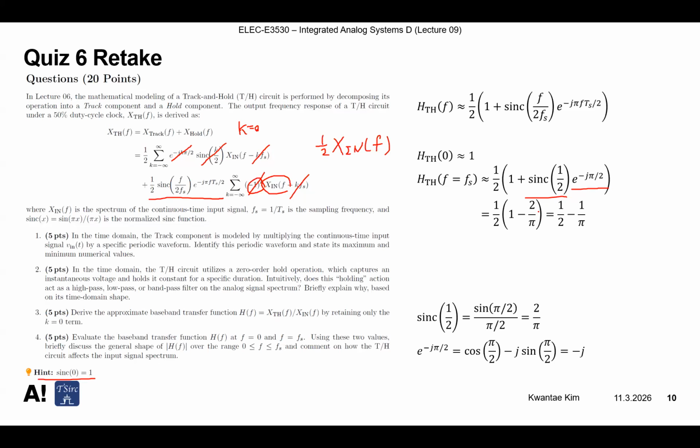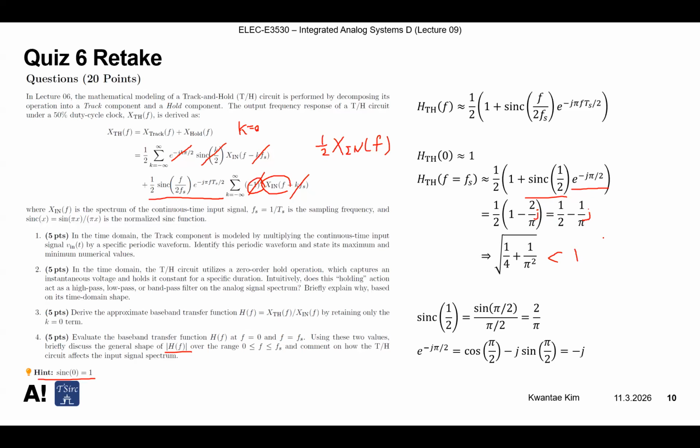And I think there was some mistake here. J, right? And J. By calculating the magnitude, we can derive the square root of 1 over 4 plus 1 over pi squared. So we can see that this is definitely less than 1, right?